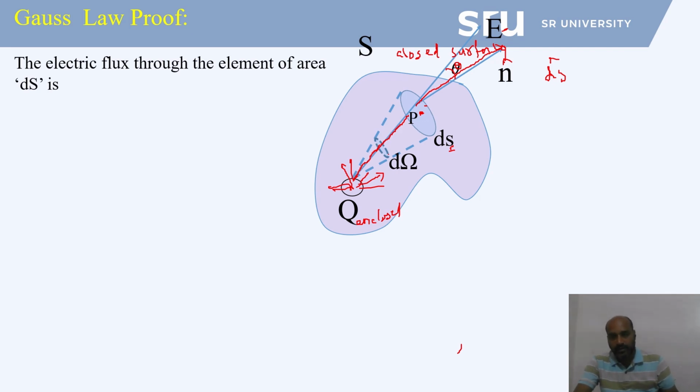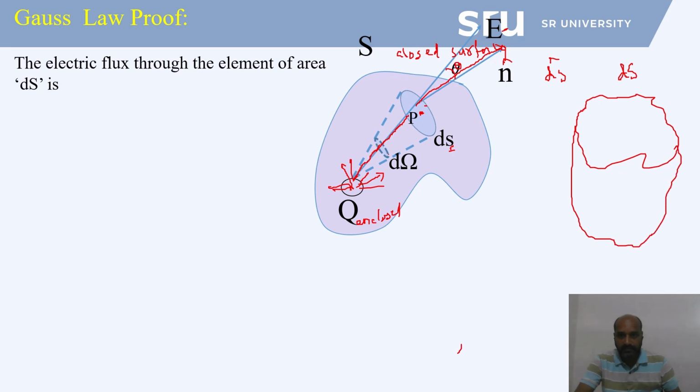It's better to try. Let this be ds, of course on a closed surface. What does it mean? The surface is enclosing some volume, and the surface is enclosing some amount of charge also.